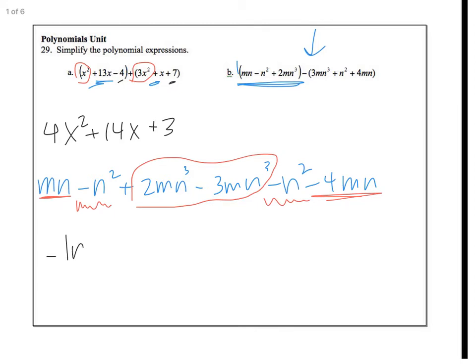It's negative 1mn cubed. Next we have the same degree, right? We have an mn and an n squared. Well, in that case, let's go alphabetically, which is mn. So mn minus 4mn minus 3mn. And negative n squared minus 2n squared.